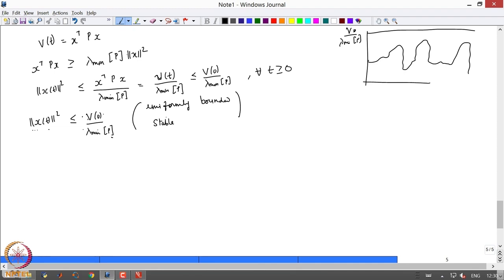Okay. Now, next step is to show that this is also asymptotically or exponentially stable. Okay. Now, let us do this thing.